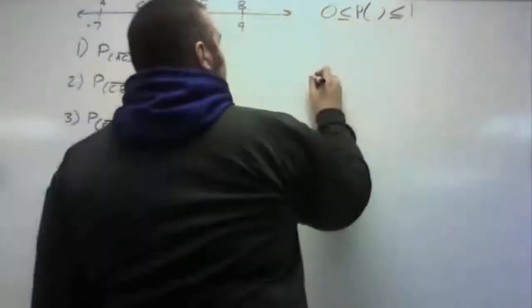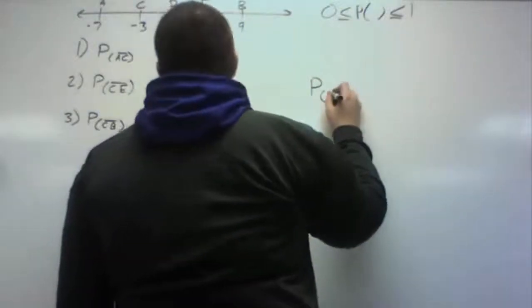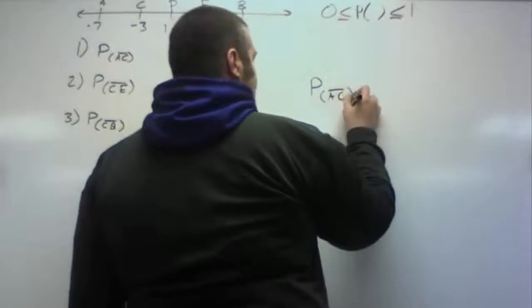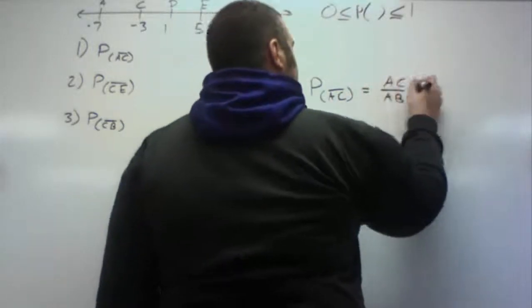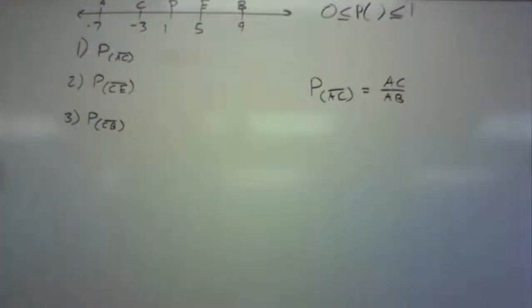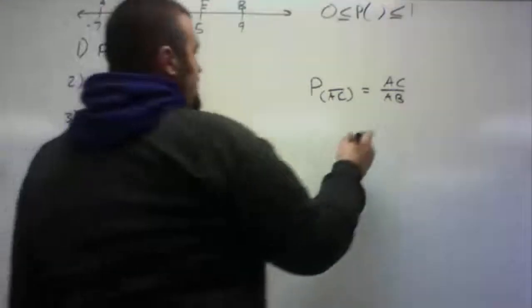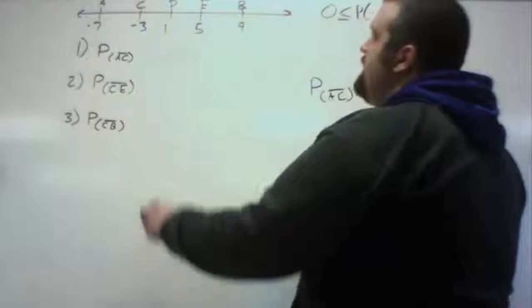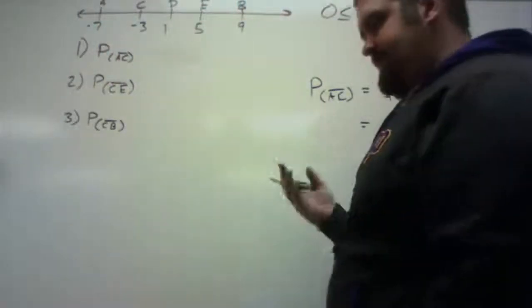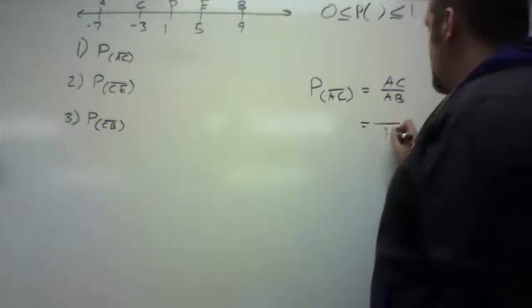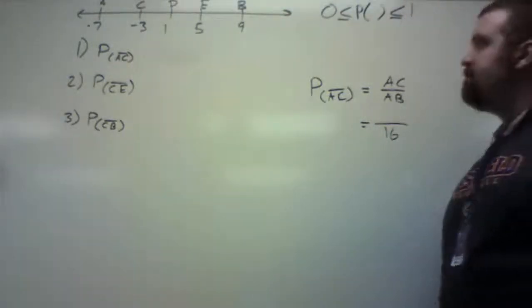So for each of these cases, let's just say the probability of it being on segment AC is going to be the length of segment AC over the length of segment AB. Well, it's just counting the length in this case. Length of segment AB, well, 9 minus -7 is 9 plus 7, or 16. So length of segment AB is 16.